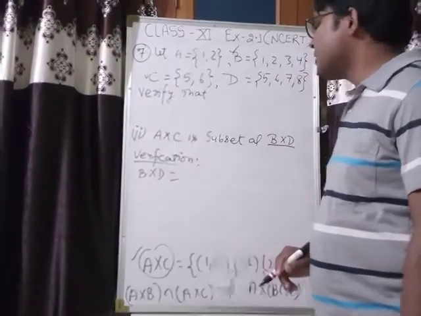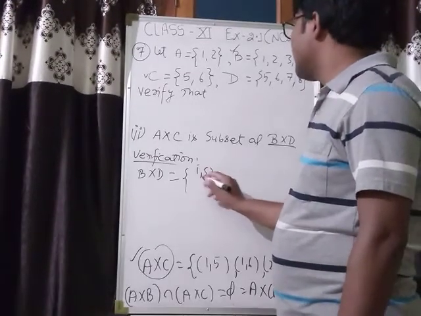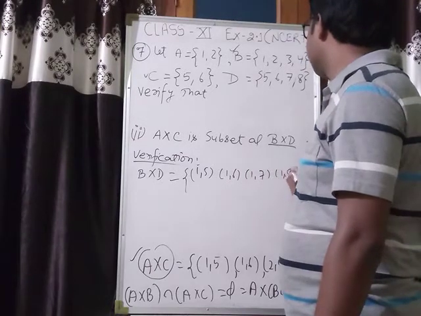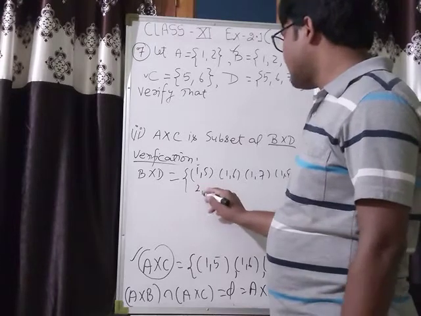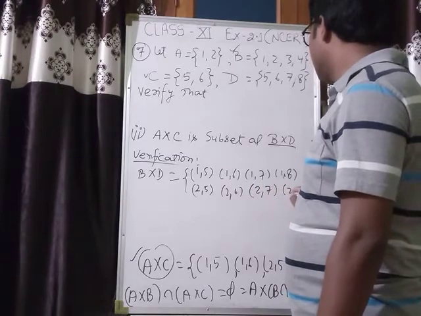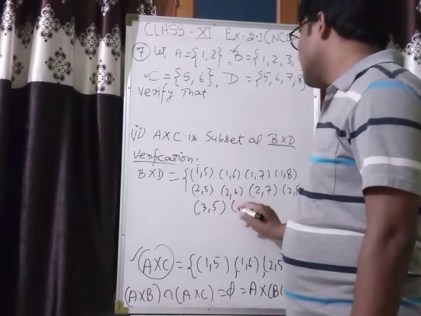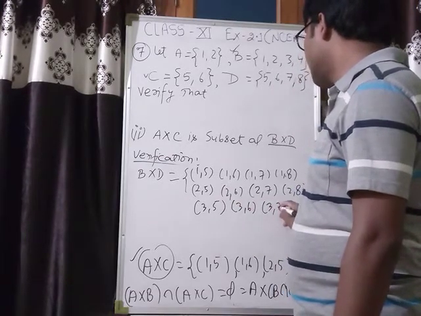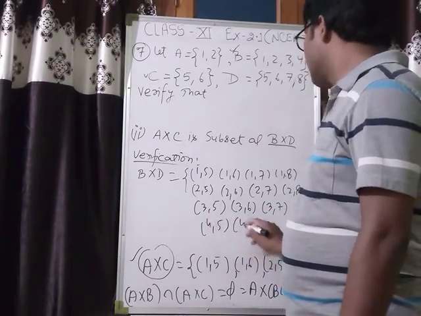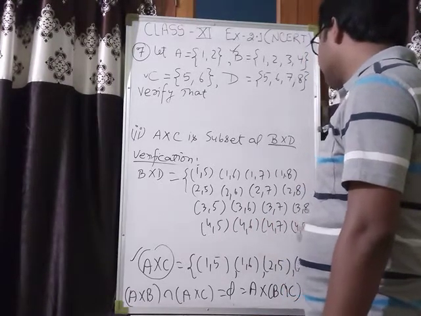So in B Cartesian product D there are 16 elements, 4 fours are 16 elements, and that will be (1,5), (1,6), (1,7), (1,8), (2,5), (2,6), (2,7), (2,8), (3,5), (3,6), (3,7), (3,8), and (4,5), (4,6), (4,7), (4,8).